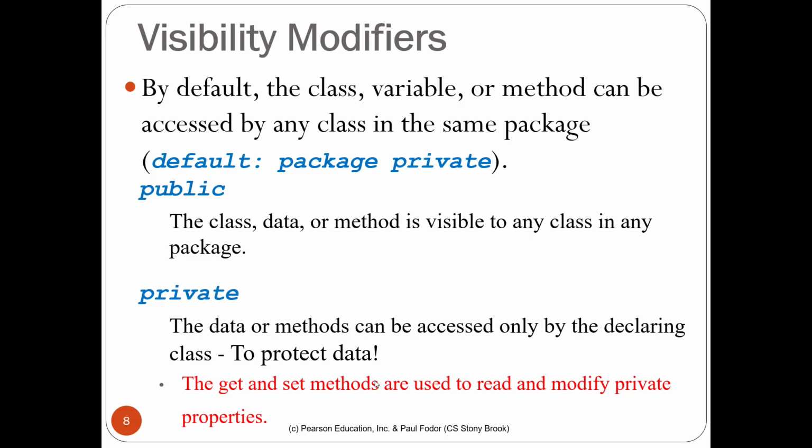How about private? If you make your data or method private, then it can be accessed only from that class itself. You cannot access it from an outside class. So why is that being done?